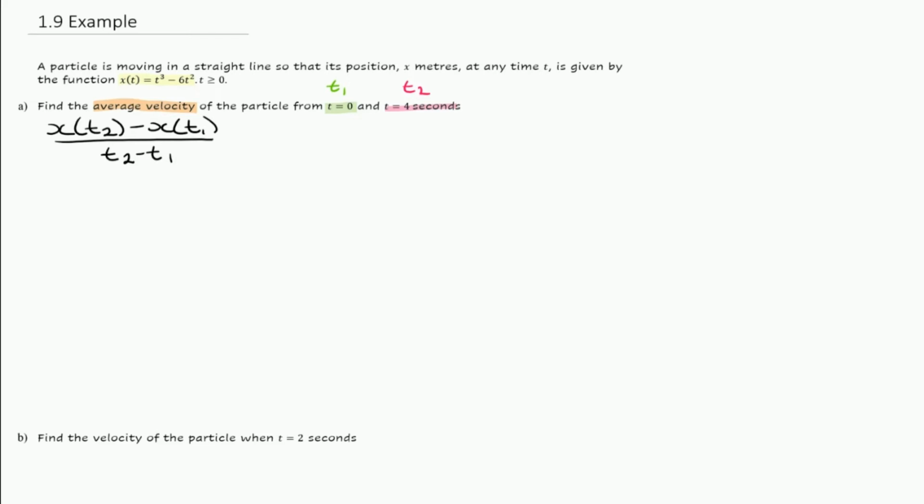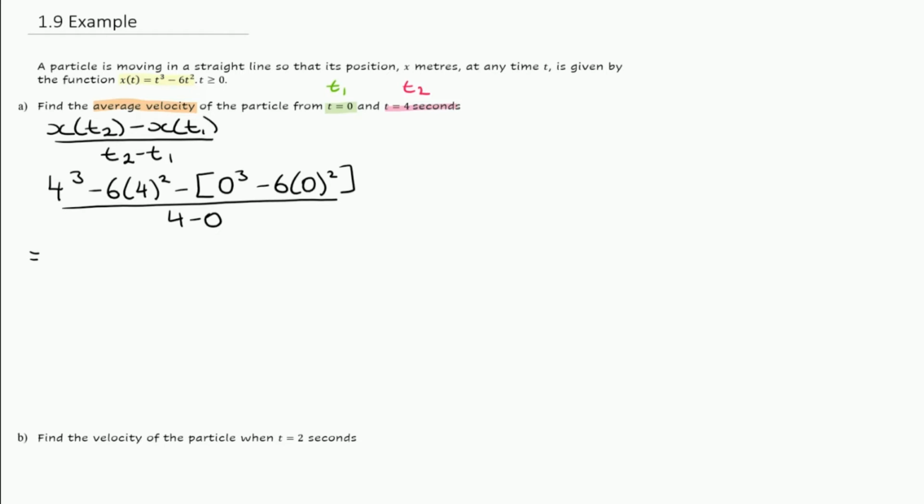So I'm going to plug these 2 points into my formula. x of t2 is going to give me 4 cubed, take away 6 times 4 squared, take away x of t1, which is 0 cubed, take away 6 times 0 squared, all on the top of 4 take away 0.